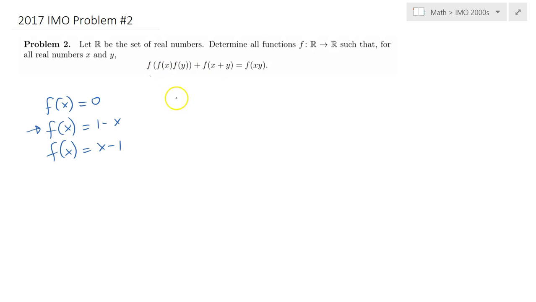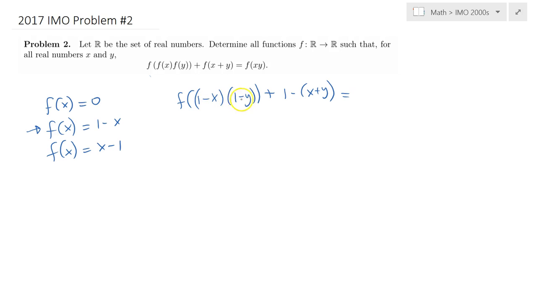So if we plug it in onto the left hand side, let's see if we can come up with the right hand side. So we would have f of, replacing it, 1 minus x times 1 minus y, plus f of x plus y would simply be 1 minus x plus y. And let's work this out.